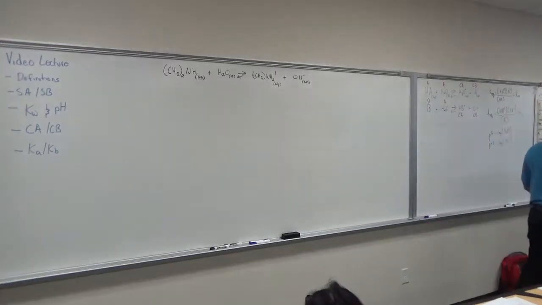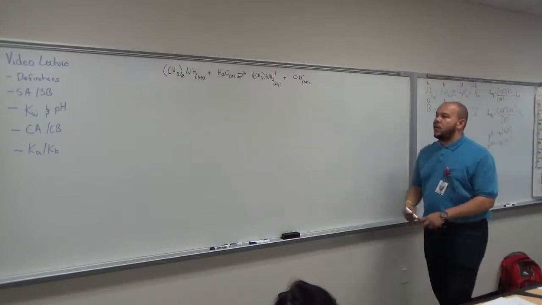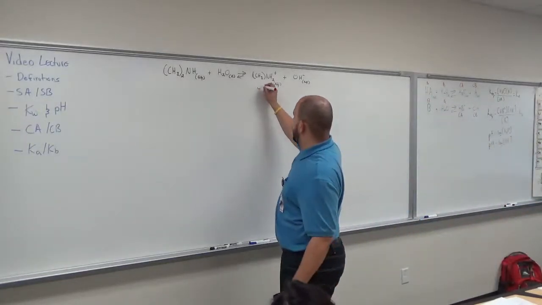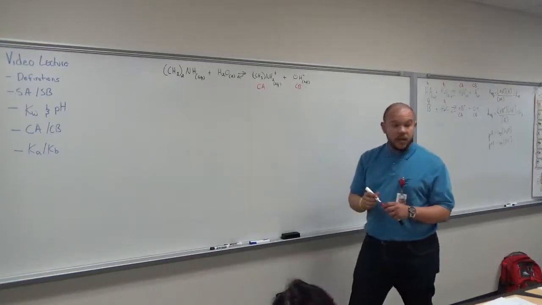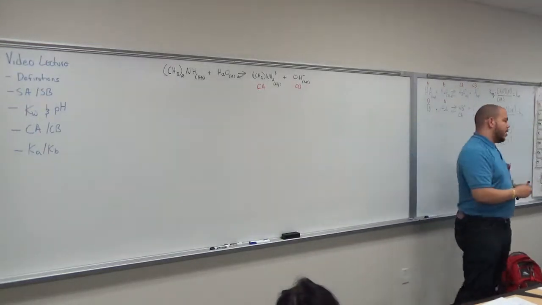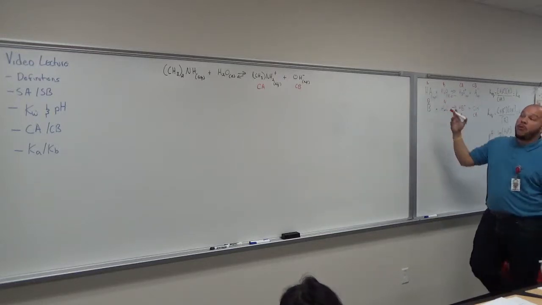Notice now when we're dealing with a base, you have to create a conjugate acid with the base itself, and then create the conjugate base, in this case hydroxide, right? Now notice that the N is where the H goes. Now notice I wrote it like that.